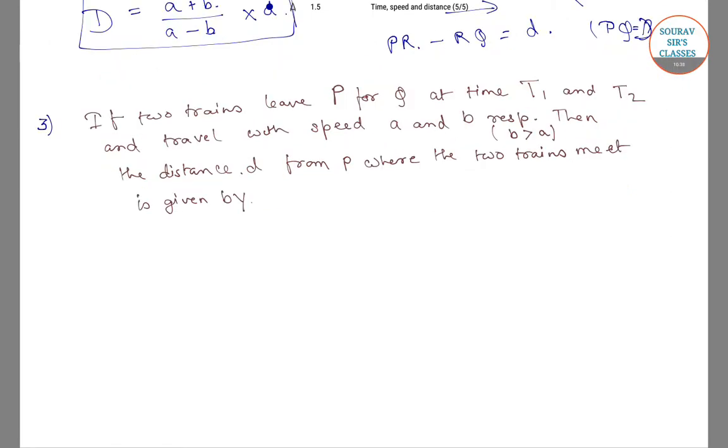Next, suppose we have two trains that leave station P for Q at time T1 and T2 and travel with the speed A and B respectively.